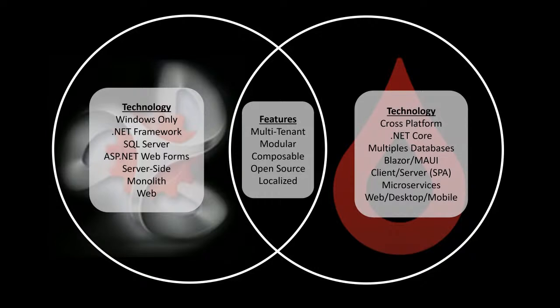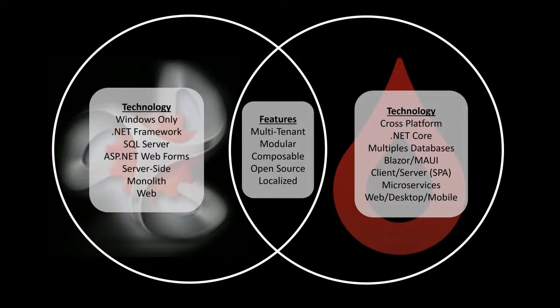Whereas Oqtane is cross-platform because it was built natively on .NET Core, which of course is cross-platform. It supports multiple databases natively. So right now it supports SQL Server, Postgres, MySQL, and SQLite. It leverages Blazor, and I guess I say Maui here, but it's really the Blazor Hybrid approach.